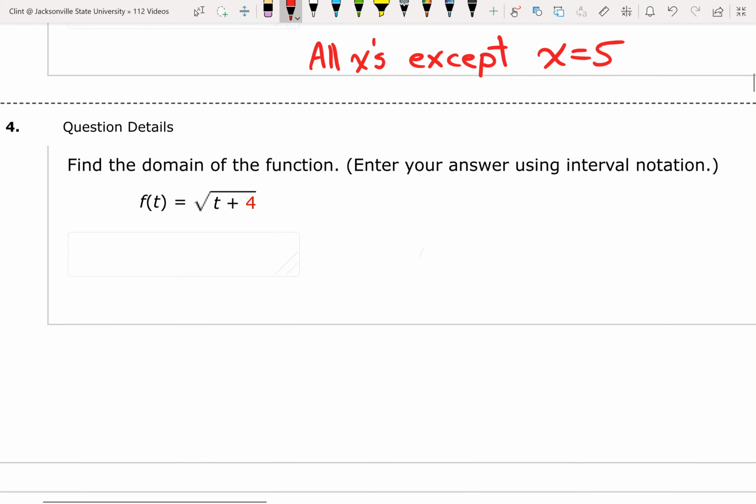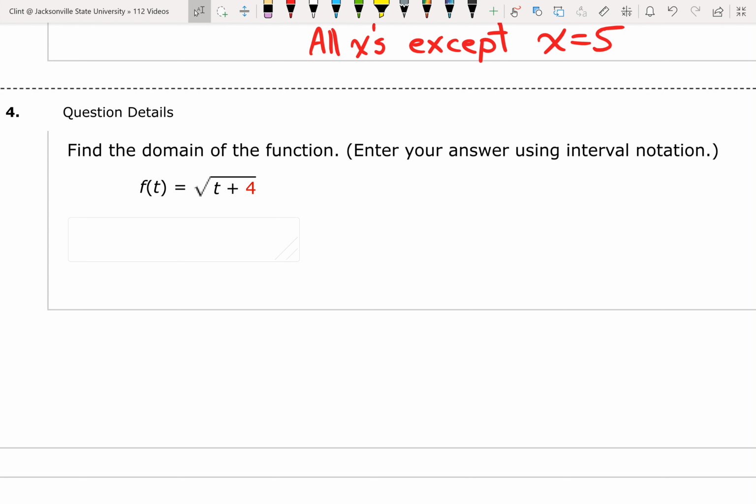The only other thing we have to worry about with domain is when we have a square root. Here, the thing underneath the square root can't be negative, because if we have something negative underneath the square root, we get into complex numbers, and with functions we're only dealing with real numbers.